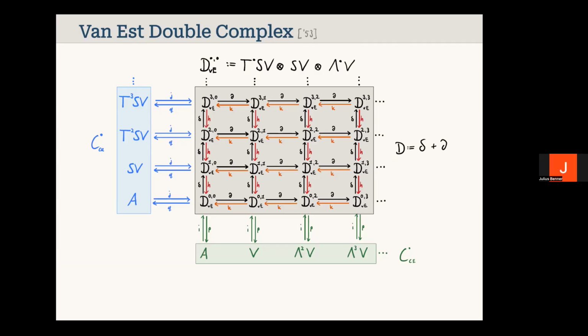Maybe it's not really a question, but more like an observation slash remark. So to me, this Van Est complex looks a lot like the Koszul complex, if you look at quadratic algebras and their duals, only that you have this additional part which is given by the tensor algebra of the symmetric algebra. Right, so that's what I meant when I quickly talked about Koszul duals and stuff.